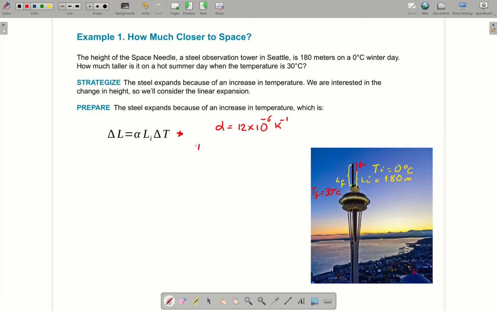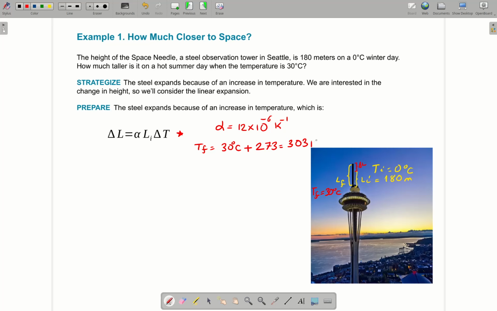T final is equal to 30 degrees centigrade, and we will convert to Kelvin by just adding 273. So when we do that addition, we'll get 303, right?